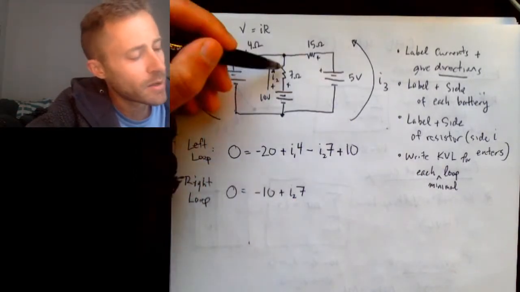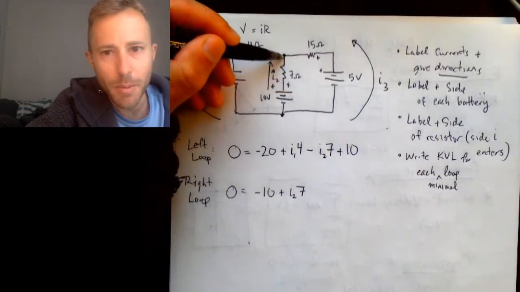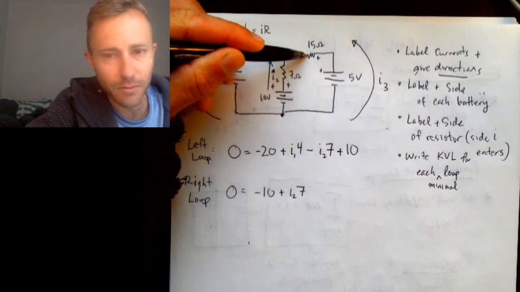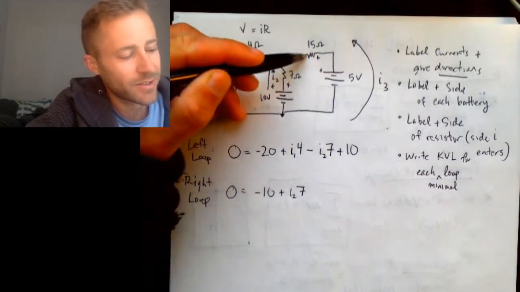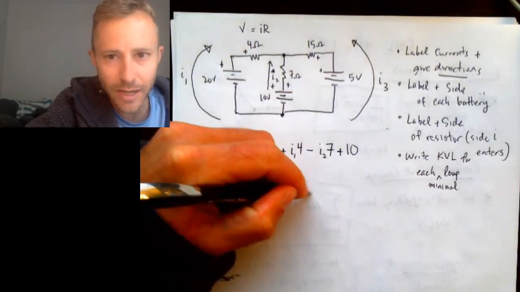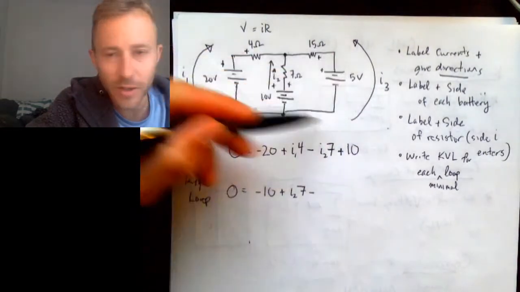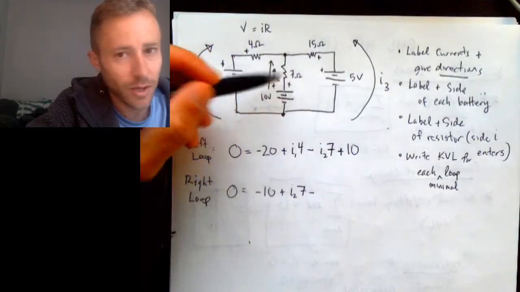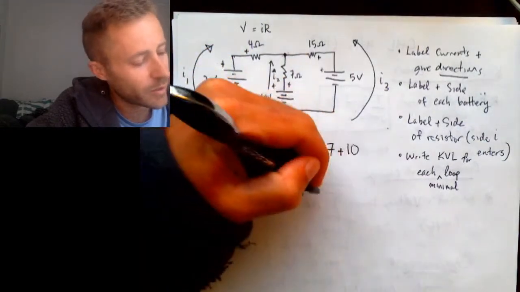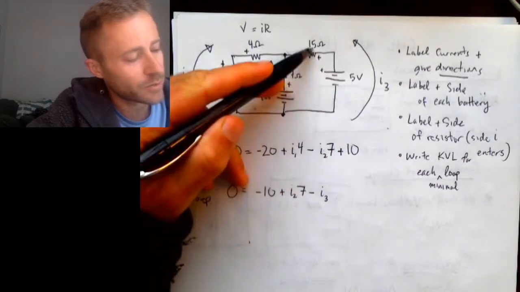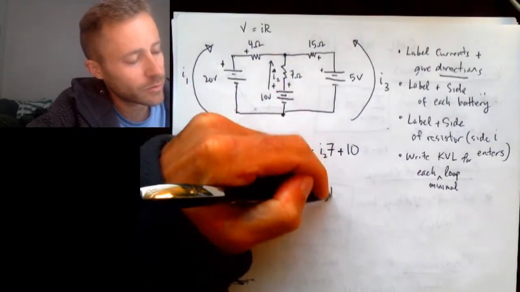All right. Then I continue, and I encounter this side of the 15 ohm resistor. That's the negative side. So I have negative. The current, this is on the I3 branch. So I have minus I3 times its resistance, which is 15.